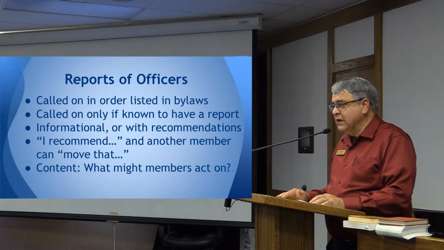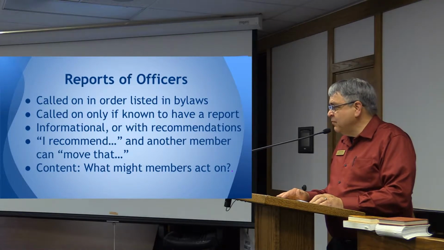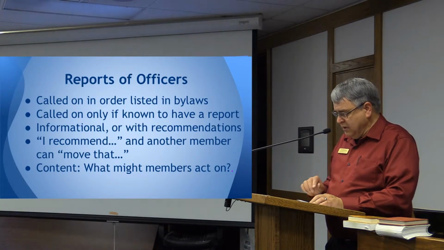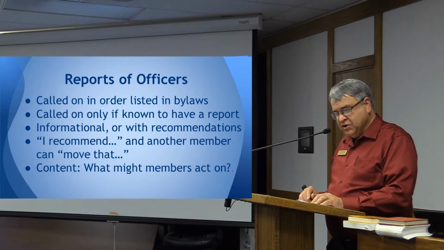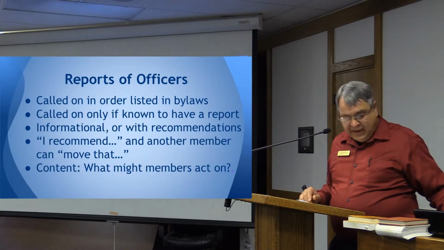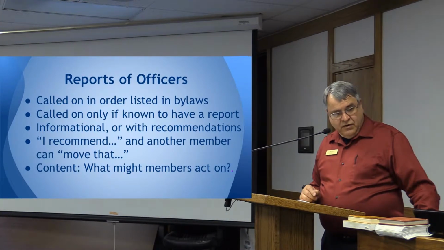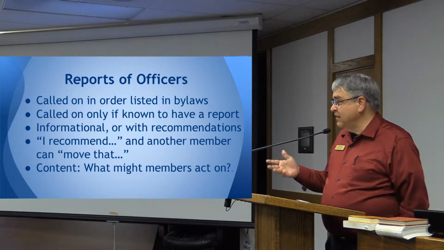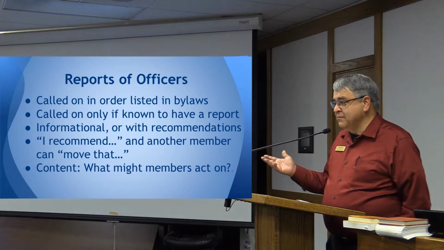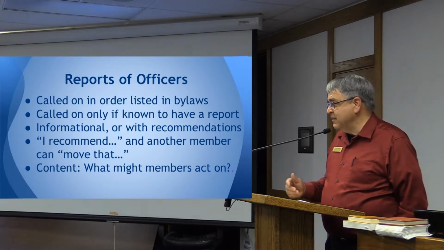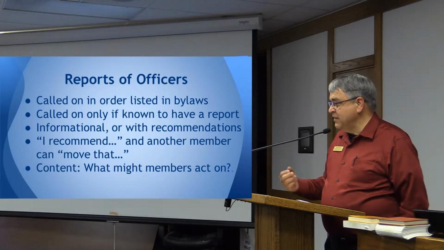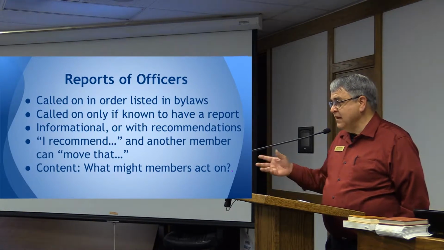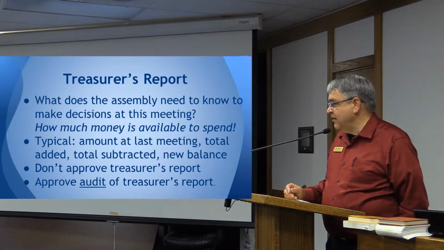Some groups are simple and small enough that the sample treasurer's report that is shown is adequate, where you give the amount of money that was available last month or the balance in the bank last month or last meeting, how much has come in and how much has gone out since then, and doing the math, how much do we have now?